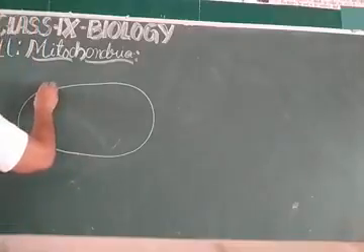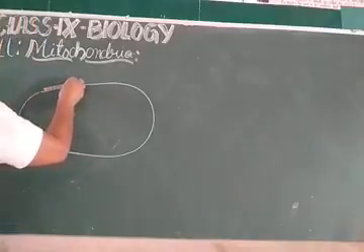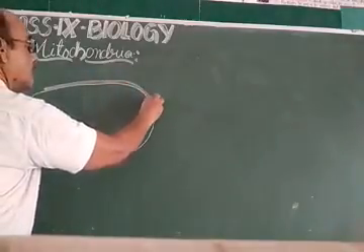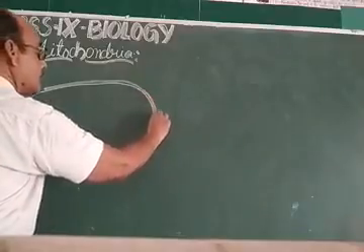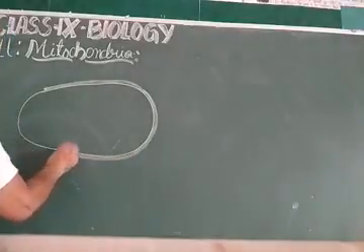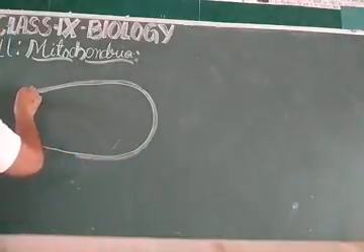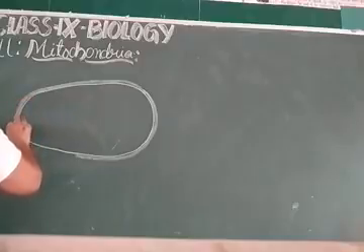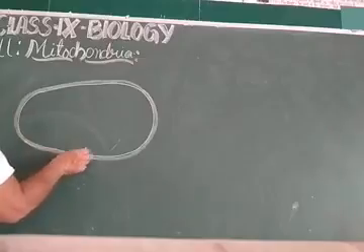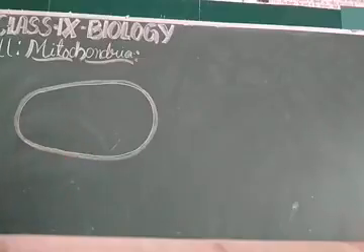This is a double membranous structure, as in the plastid. Likewise, the mitochondria is also a double membranous structure. Double membrane means outer membrane and inner membrane. So the outer and inner membrane form the boundary of this mitochondria, which is suspended in the cytoplasm.